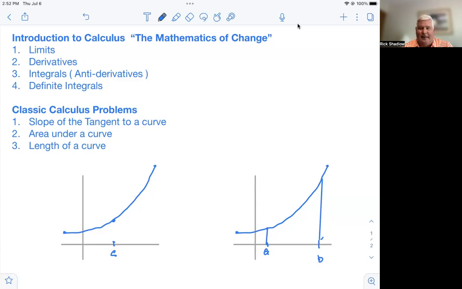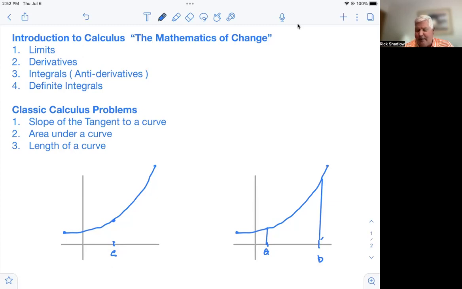So anyway, today I'm going to separate the introduction of limits from the introduction to calculus. As you can see from my screen that I'm sharing with you, calculus basically is the mathematics of change, how fast something is changing at a particular time.